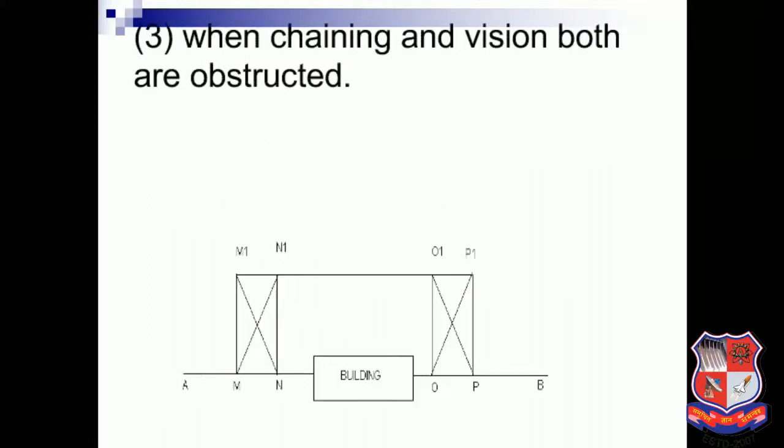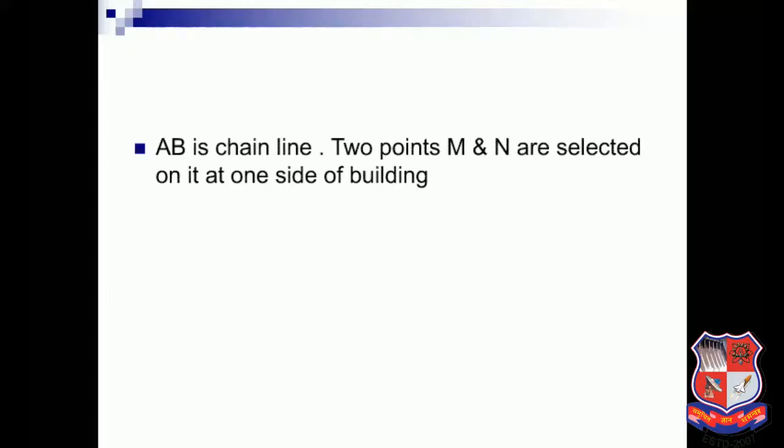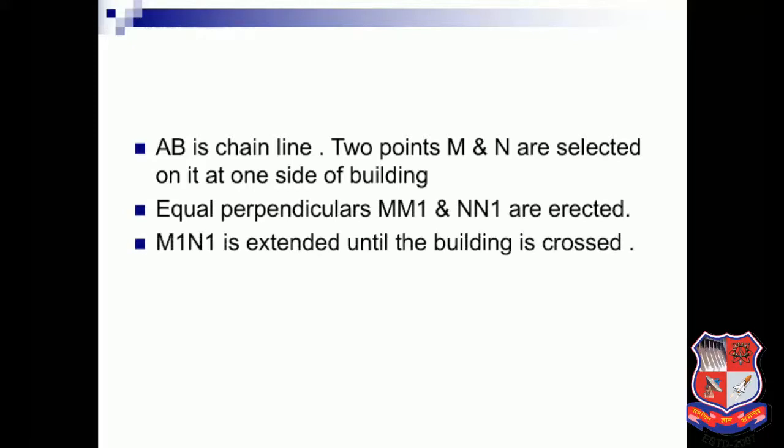When chaining and vision are both obstructed, such a position arises when a building comes across the chain line. AB is a chain line. 2 points M and N are selected on it at one side of the building. Equal perpendiculars MM1 and NN1 are erected. See, the lines M1 and N1 are extended until the building is crossed.